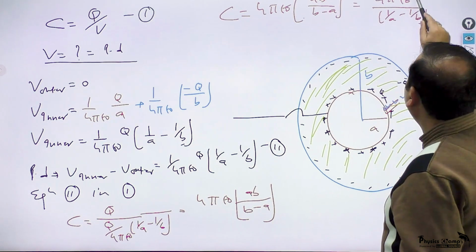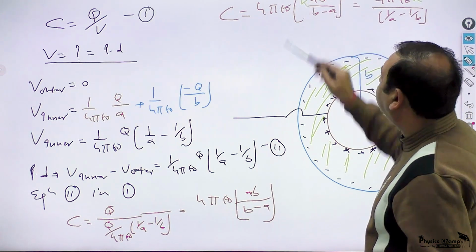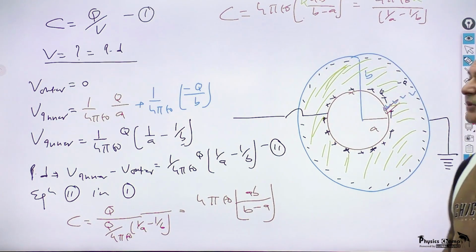So obviously it will become K times. So this is capacitance of a spherical capacitor.